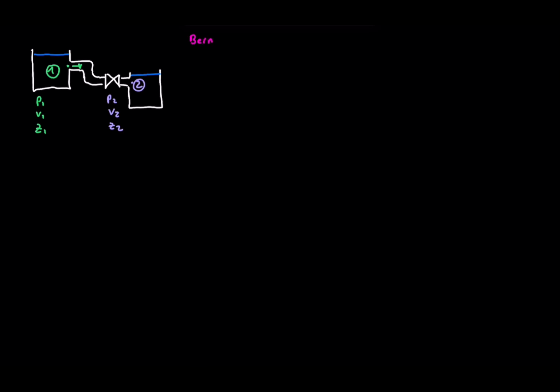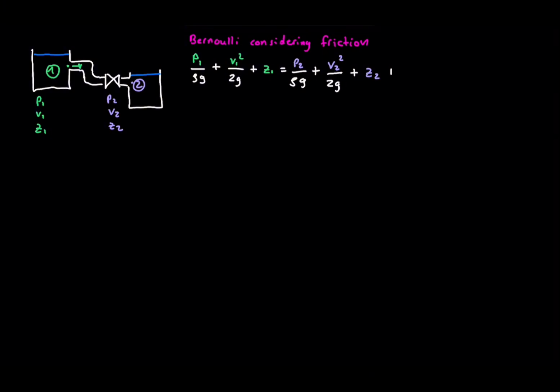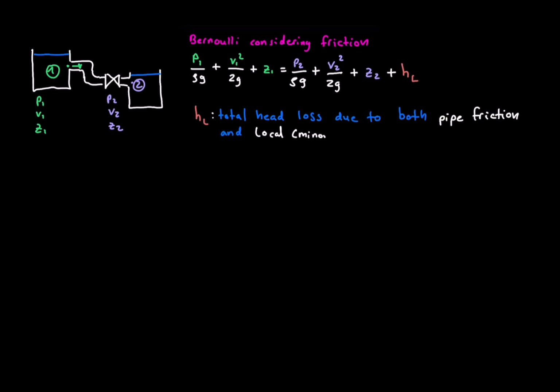We combine them into one term, the total head loss, h sub L. So the real Bernoulli equation between 2 points becomes pressure 1 over density g plus velocity 1 squared over 2g plus z1 equals pressure 2 over density g plus velocity 2 squared over 2g plus z2 plus h sub L. That final term represents all energy losses per unit weight between points 1 and 2.